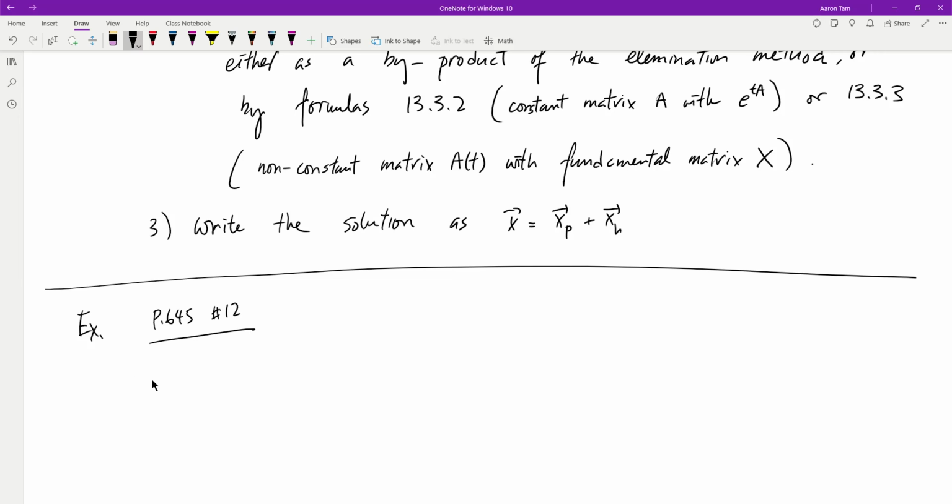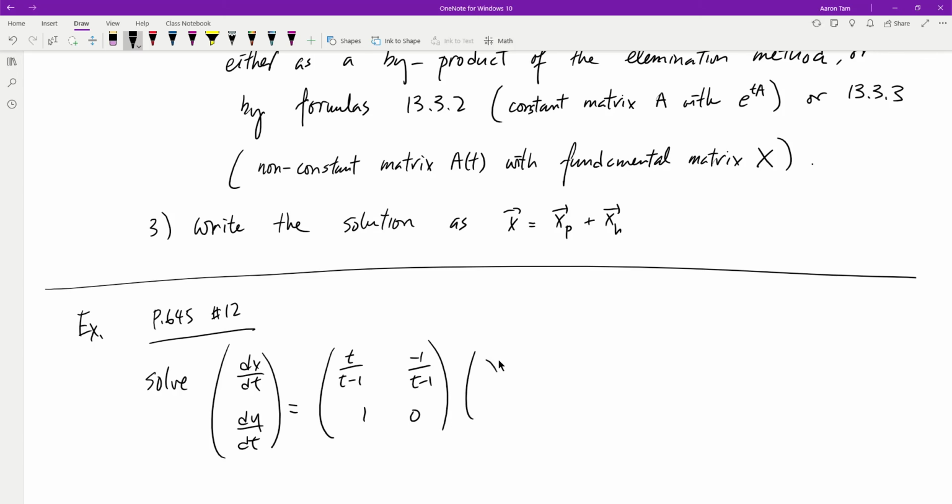So here's the question. It asks you to solve dx over dt and dy over dt equal to, so that's d vector x, [t over t minus 1, negative 1 over t minus 1; 1, 0] times x y, plus [1 minus t; 1 minus t squared].